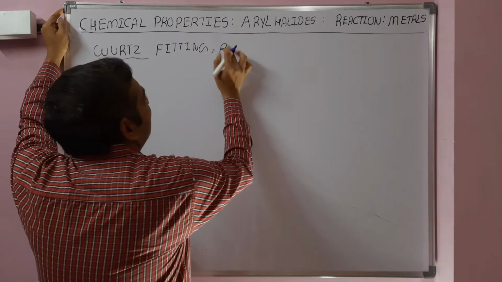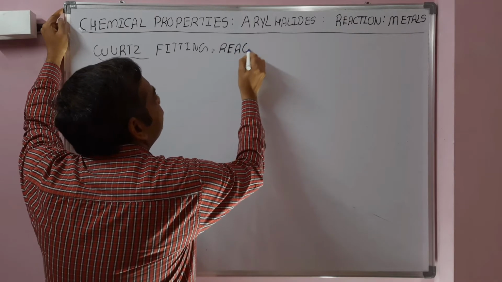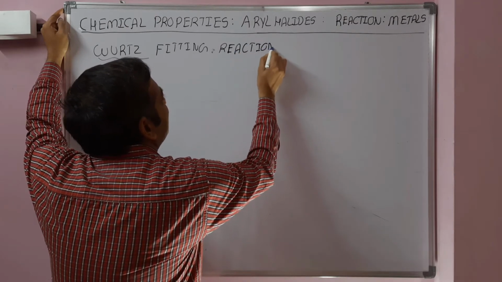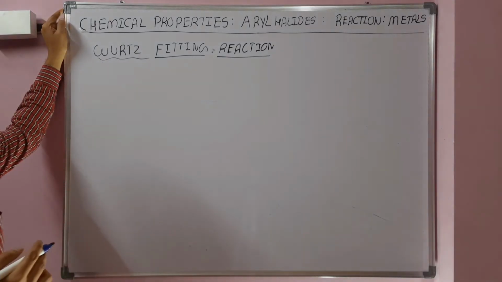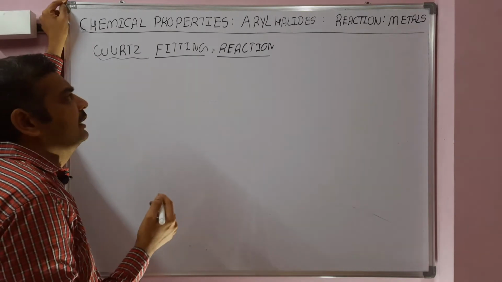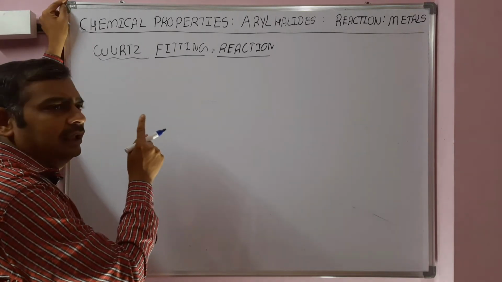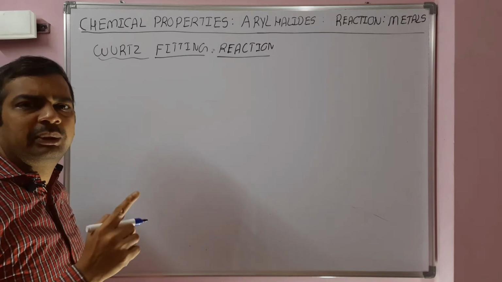One aryl halide and one alkyl halide will react in the Wurtz-Fittig reaction, whereas in the Wurtz reaction, two alkyl halides, either the same or different, will react with sodium in dry ether. So the reaction of one alkyl halide and one aryl halide with sodium in dry ether gives aromatic hydrocarbons.